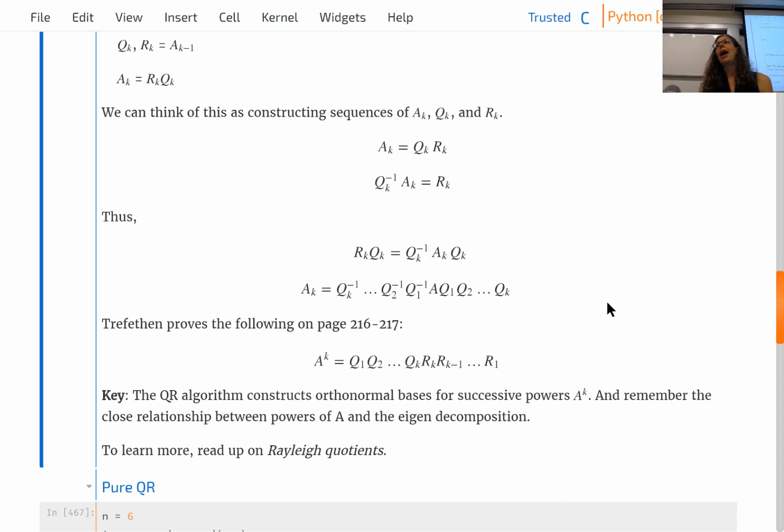So what we're getting back is something that's definitely similar to our original matrix.